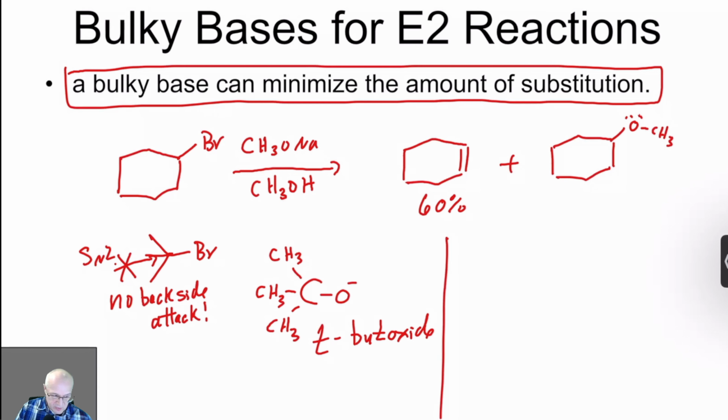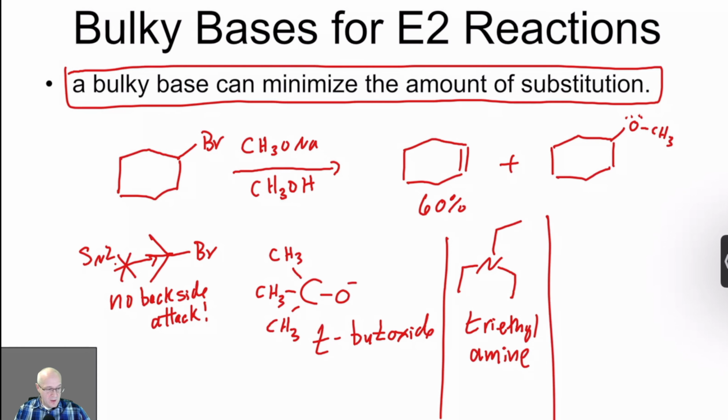Other examples of bulky bases: triethylamine. There are numerous, by the way. 2,6-dimethylpyridine is another example of a bulky base.